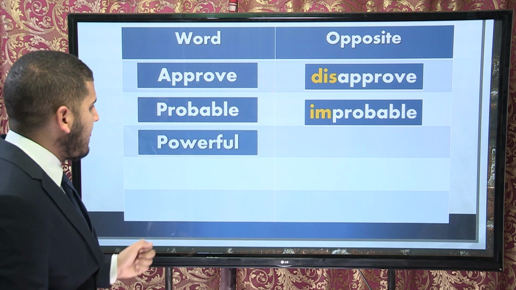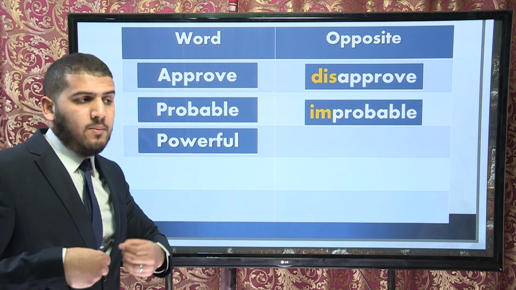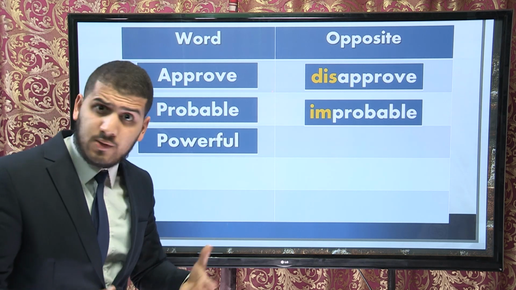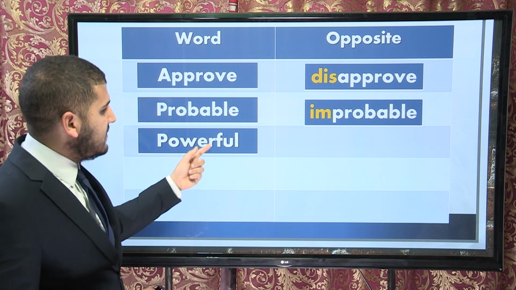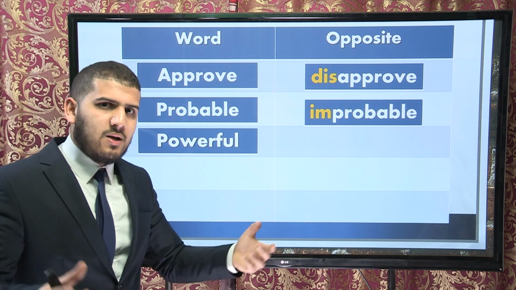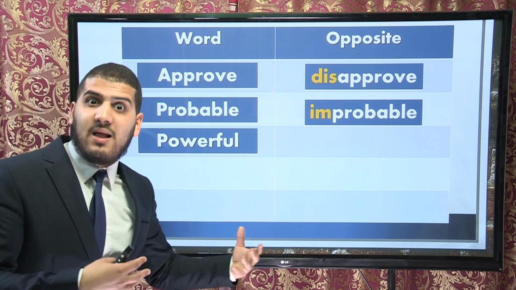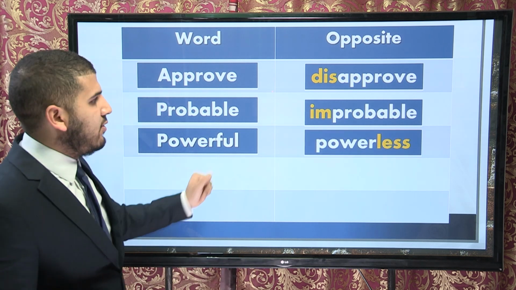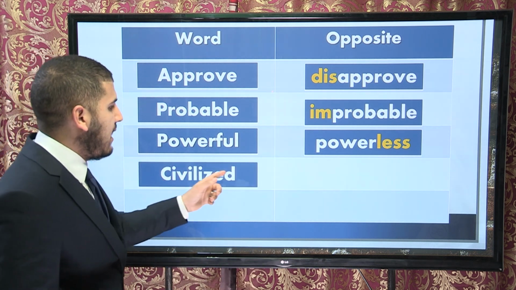The next word, powerful. What is the opposite of powerful? Which prefix or suffix should we use to form the opposite of powerful? So powerful ends with the suffix full. Therefore, this time we use the suffix less. So powerful, powerless. The next one, civilized.